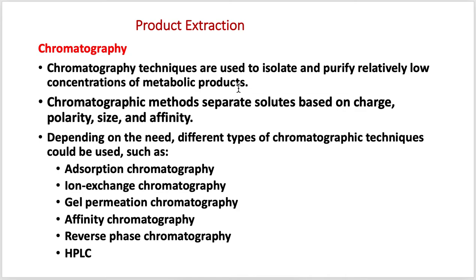Chromatography methods are costly, so we don't always use them. Although it is very good for making the product very pure, as it is costly, we basically use it when the concentration of our product, the metabolic product, is very low in the fermentation solution. Or say we need a very pure product, in that case we can choose chromatography.